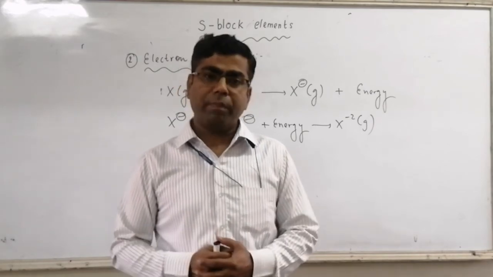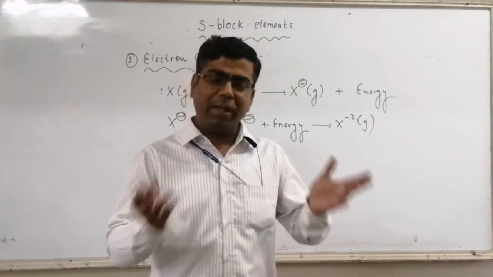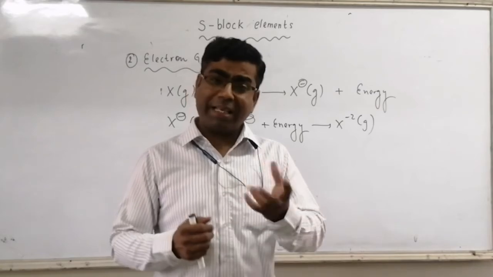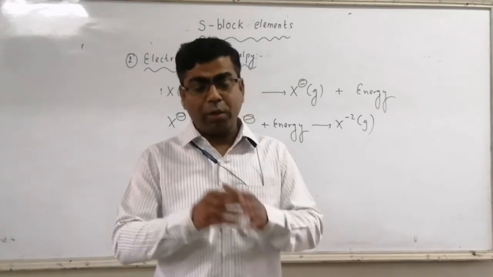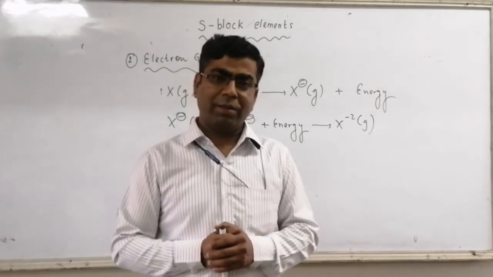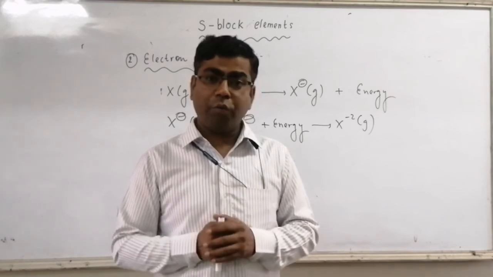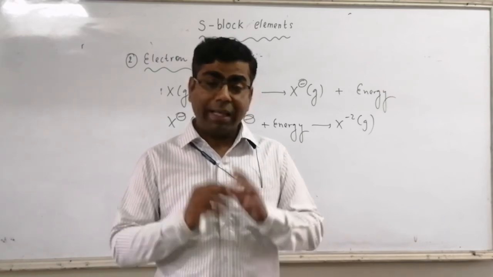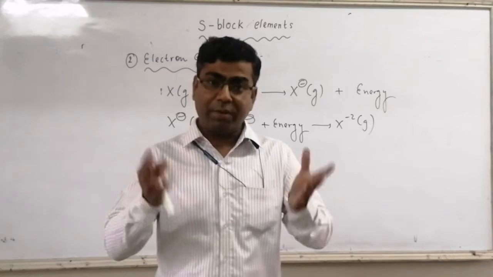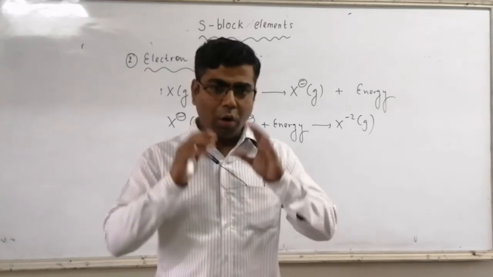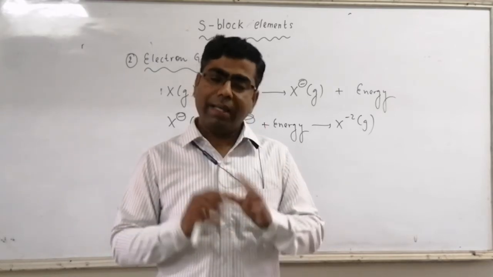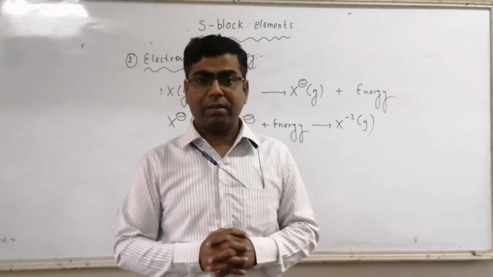When we move from left to right in a period, atomic size decreases. The valence shell is coming closer to the nucleus. So the value of electron gain enthalpy will increase, the negative value. Or in other words, we can say electron affinity will increase.